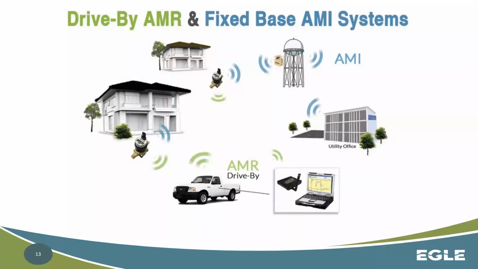All right, so this is a little bit of what we were talking about, how we can get away from walking. So there's drive-by MRs and there's fixed base AMI systems out there. Your fixed base systems work more like cell phone type signals, where a reading can come back to an intermediate tower, the intermediate tower can talk to a larger device, and then it can all be downloaded to a central location so that nobody even has to move throughout the distribution system to take readings at all.